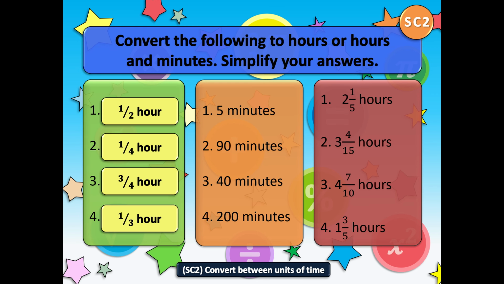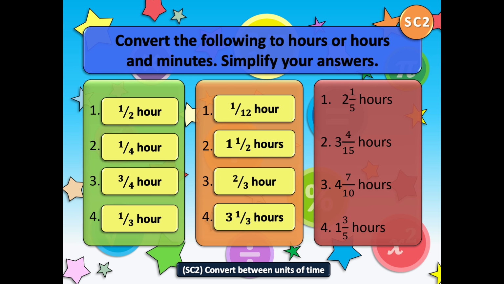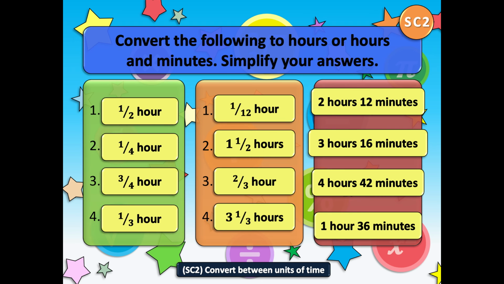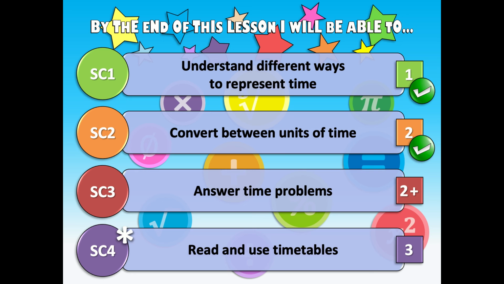So there's your green answers, there's your amber answers, and there's your red answers. And now we've completed success criteria 2. So now we're going to move on to number 3, and this is to answer time problems.